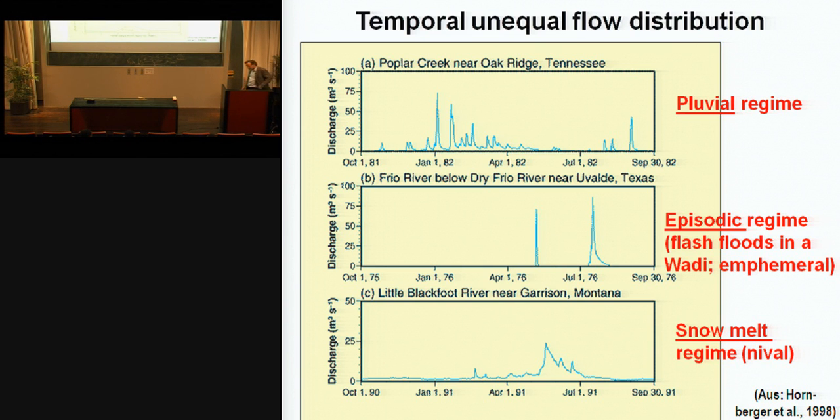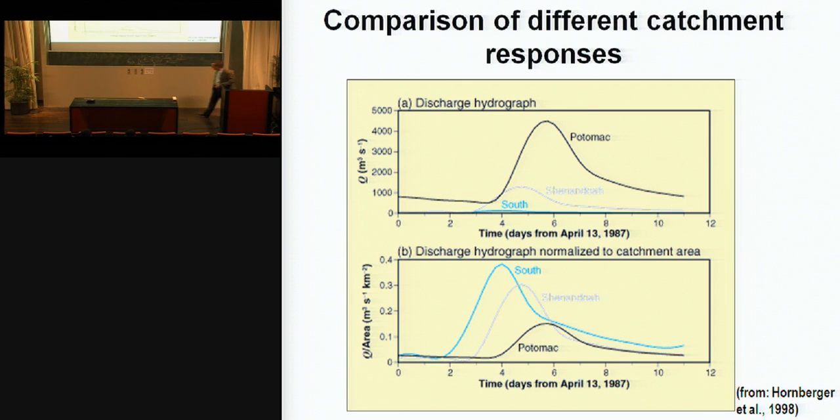Let's look at this for a moment. I want to explain it on a map again. We have here 3 rivers. This is the overall discharge, the Potomac, yeah, with a gauging station down here, maybe with a river system like this.